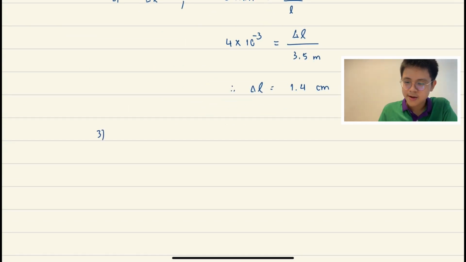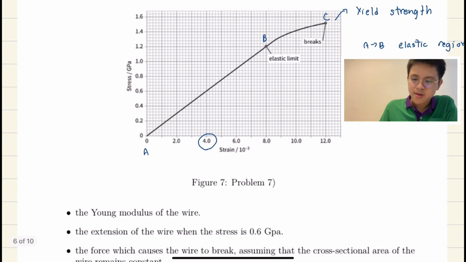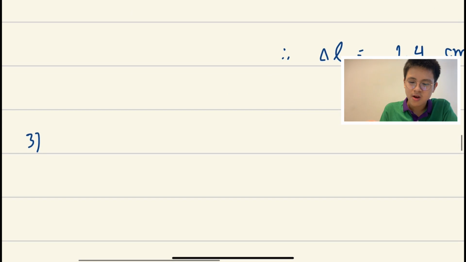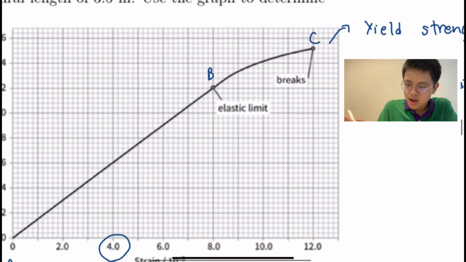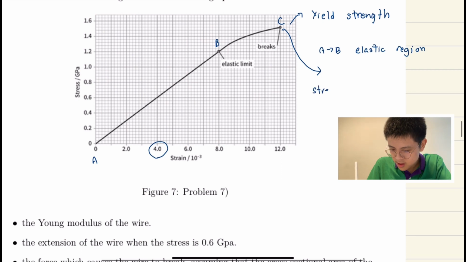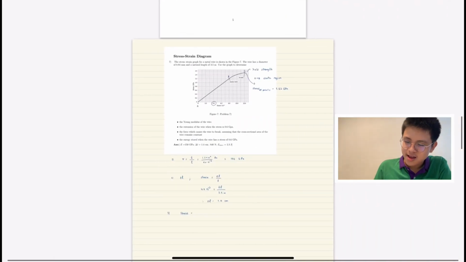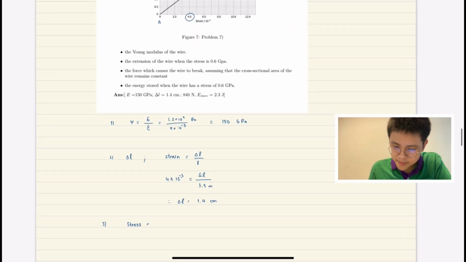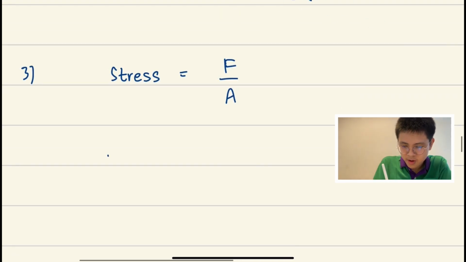Number 3, they want to find the force when it breaks. So when it breaks, you should know the stress when it breaks, and the stress is equal to the stress at point C, equal to 1.52 times 10 to the power of 9 pascal.